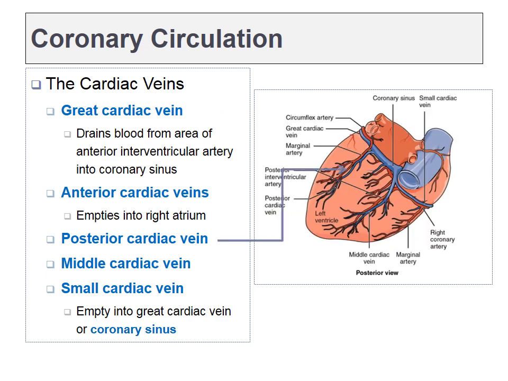On the back side of the heart, we could find the posterior cardiac vein, as well as a middle cardiac vein, which is right next to the posterior interventricular artery. I don't know why they gave it a different name. And even a small cardiac vein. And all of these veins drain into this structure here, called the coronary sinus, which, as you remember, empties into the right atrium.